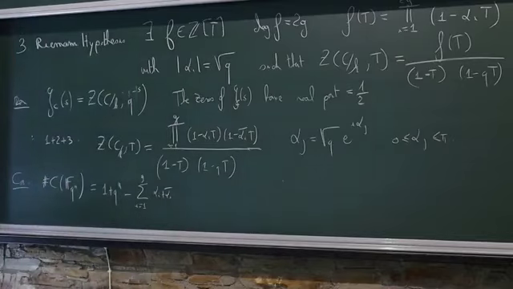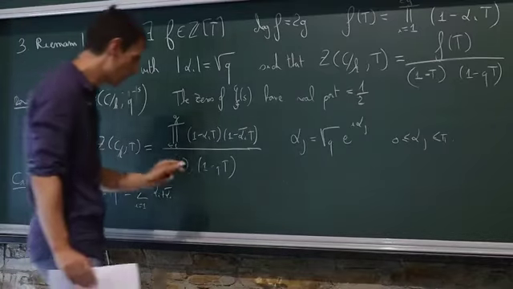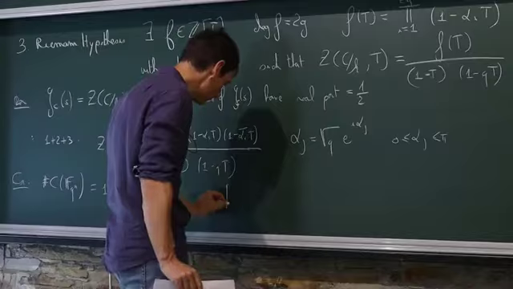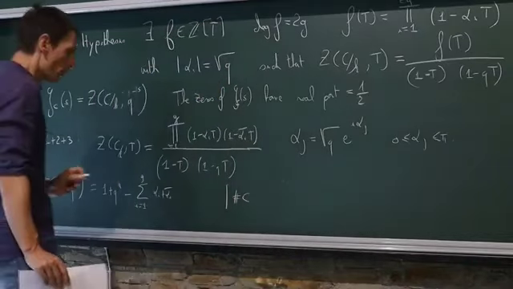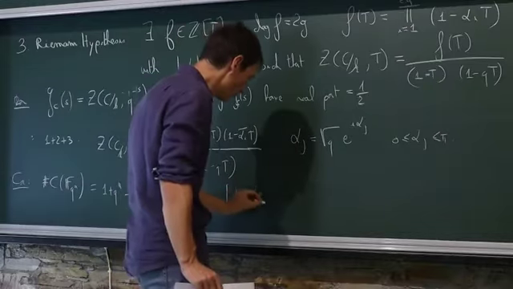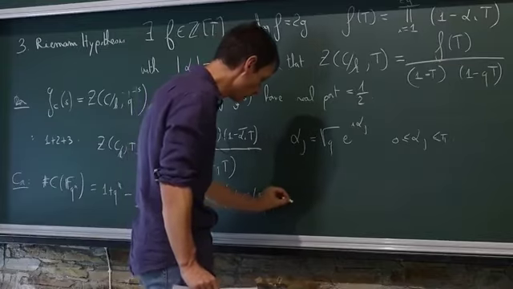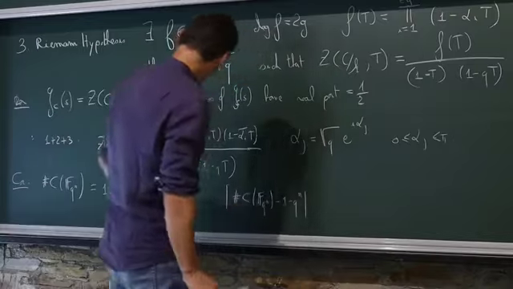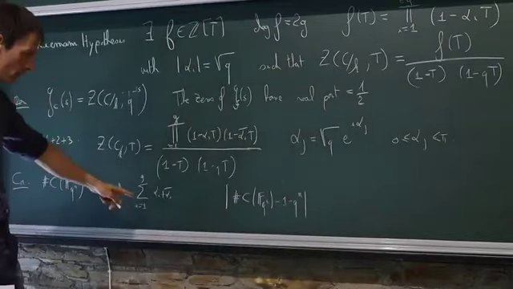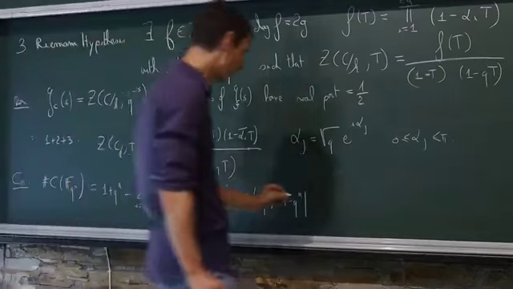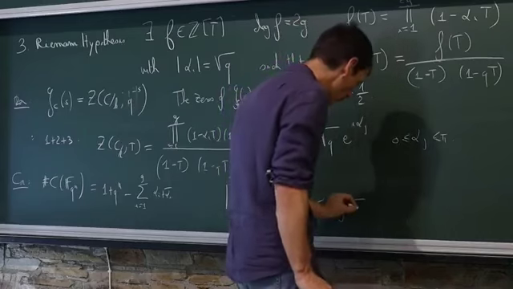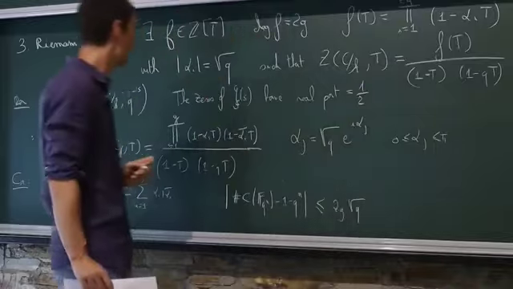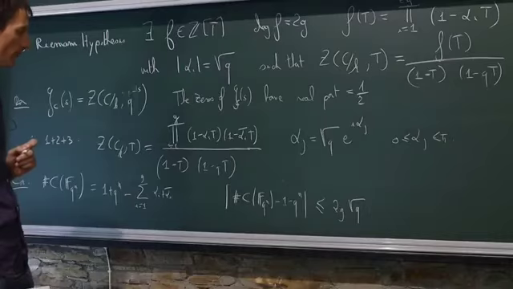Okay? So very nice formula, and as a consequence also we have that if I do the number of points of every extension, F_q^n minus 1 minus q^n, so this is this sum here, and I can, of course, bound it by 2g times square root of q because of the Riemann hypothesis.